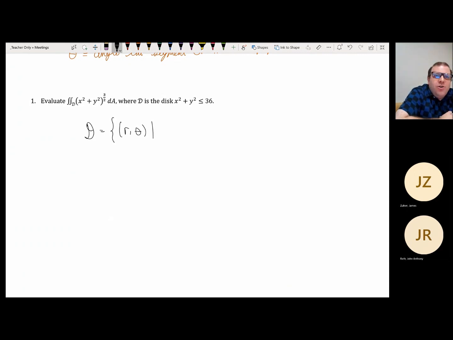What are the bounds for r? What about theta? The entire circle, so 0 to 2 pi.